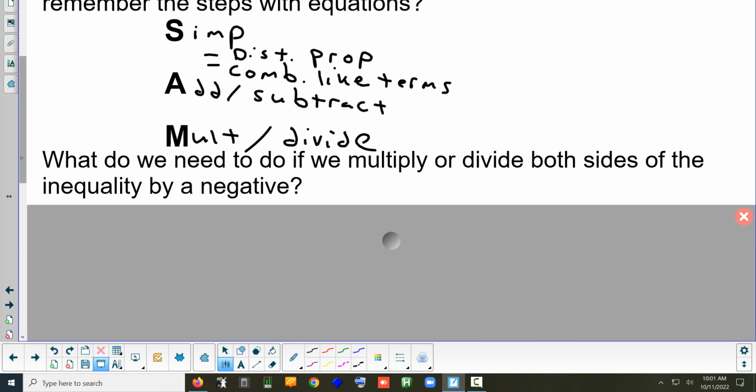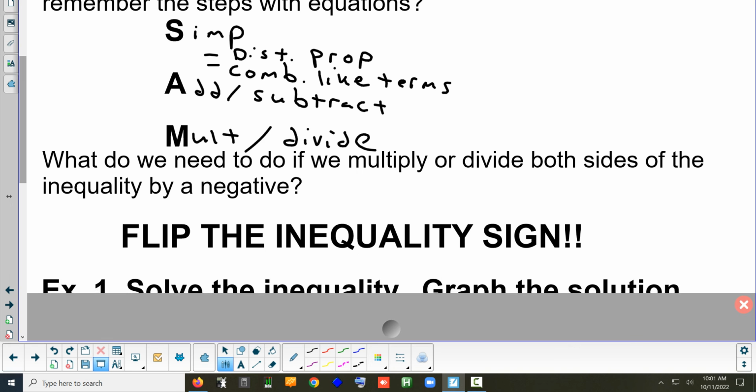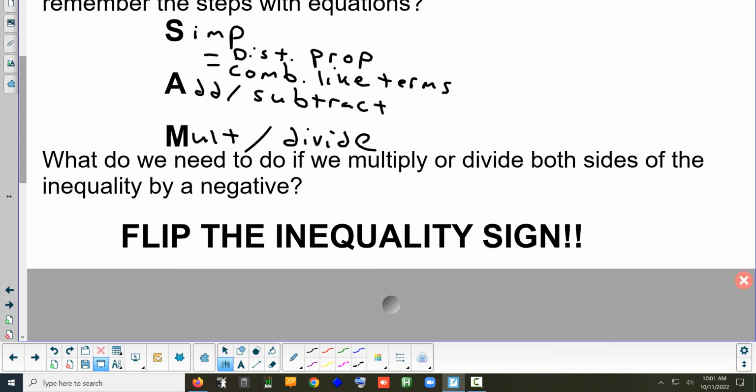Flip the whole problem or just flip one thing in the problem? What's that one thing? Right, flip the symbol, flip the inequality sign. So if we multiply or divide by a negative, we have to flip the inequality sign.